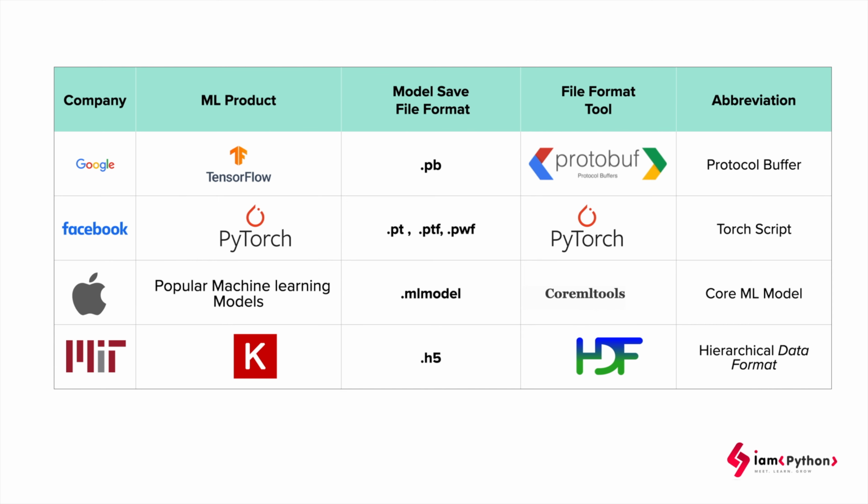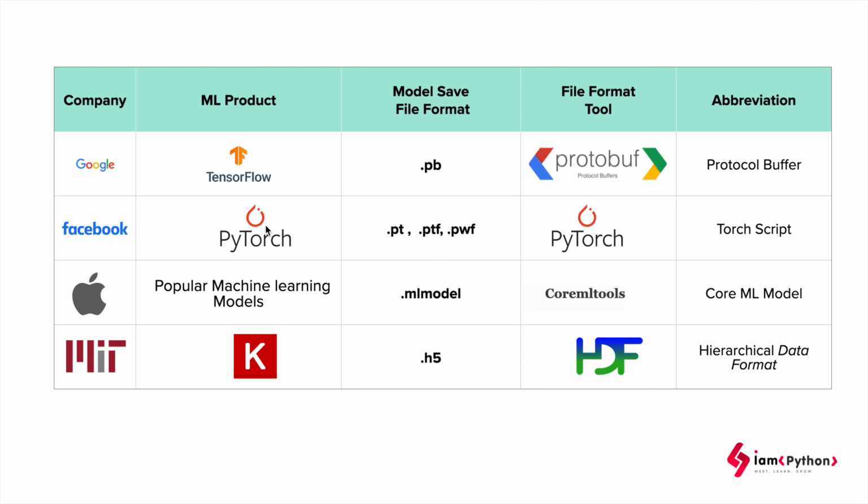This slide is very important. You can see there are different companies and different machine learning frameworks. For example, if you're using TensorFlow, we use protocol buffers. The model save file format is .pb, the file format tool is protocol buffer, and the abbreviation is protocol buffer only.